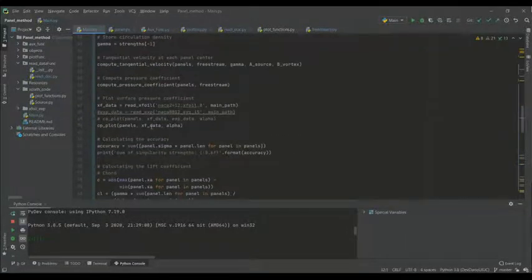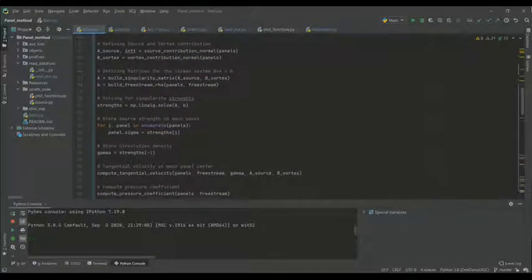So basically what I'm doing here is to get the strengths, in this part, of both the source and the vortex strengths.